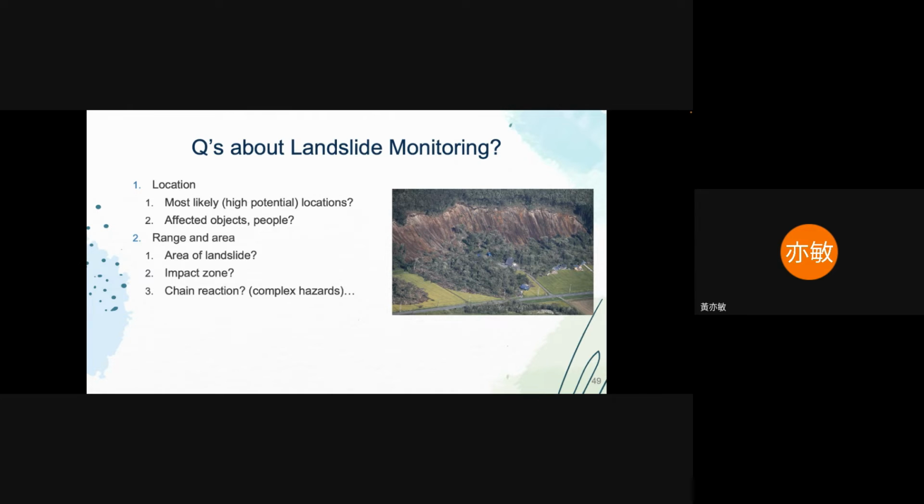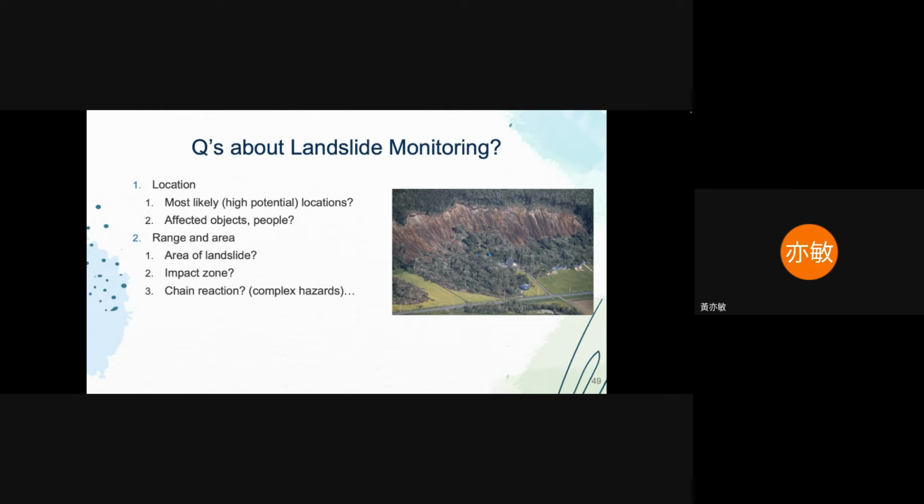The next one, we need to determine how serious a landslide could be, the range, and also the area. What we are concerned about most is the impact zone. And today we worry more about the chain reaction. For example, if you have a landslide close to a nuclear power plant, that will be a very serious problem.